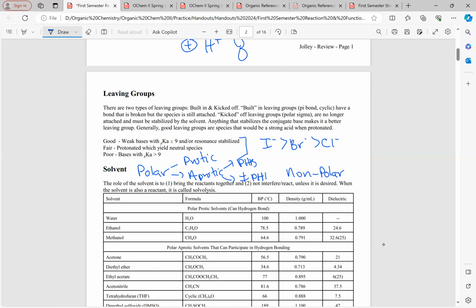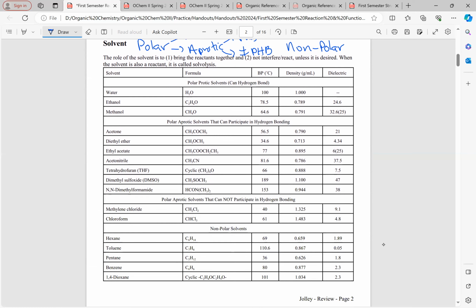Now, the reason I give you this great big solvent list is sometimes it's nice to just have a list somewhere. This is not on the reference sheet because maybe I'll put it there in the future, but it's kind of long and we don't use it that often. But here are just the common solvents, their formula, their boiling points, their densities, and then their dielectric constants, or how polar they are. Again, you're not going to memorize those, but we will refer back to those quite often.